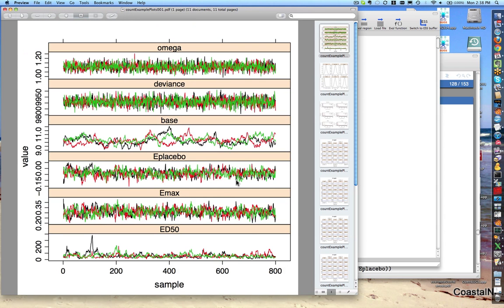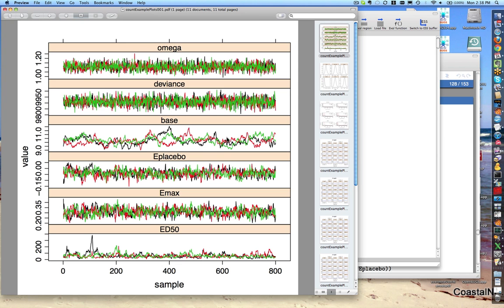Okay, these are the history plots using 10,000 iterations per chain. And though some of the parameters don't look too bad, you can see that at least a couple of them could be better. Base, you can see where we've definitely got a wiggly snake thing going on here, and to a somewhat lesser extent that's also true for the ED50.